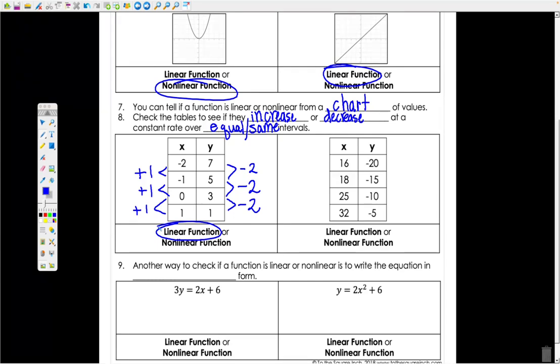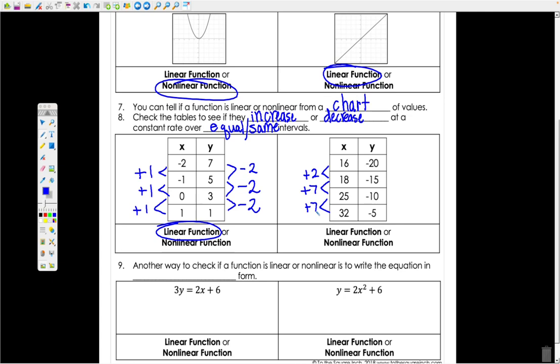I am going from 16 to 18. That's an increase of 2. But from 18 to 25, that's not increasing by 2. It's increasing by 7. And then this is also increasing by 7. So this means, first off, you can see right there, you're not increasing by the same rate.